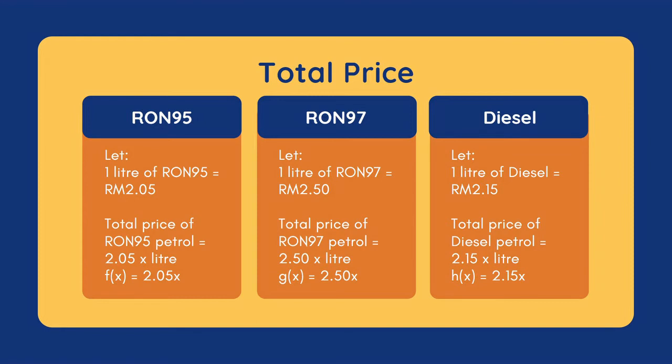So we can use function to calculate the total price. The concept is same as the last example. So let 1 liter of RON 97 equal to 2 ringgit 50 cent. Gx, the total price, equal to 2.5x, where x is the total of liter needed.